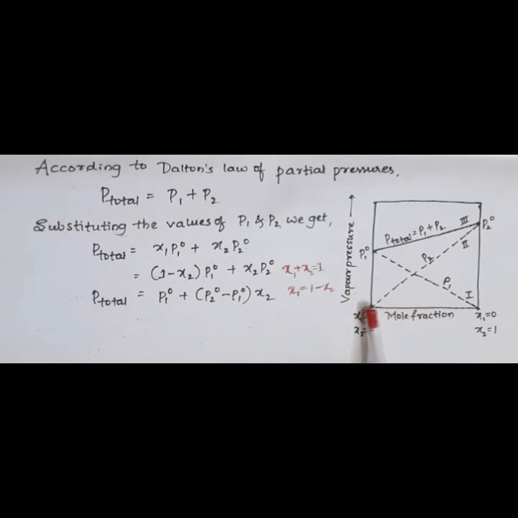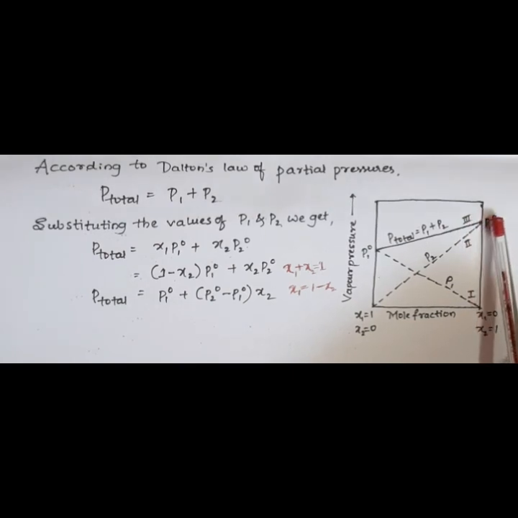When we plot the graph of vapor pressure and mole fraction, you will observe P1 naught. As we decrease the mole fraction of component 1 and increase the mole fraction of component 2, the vapor pressure of P1 will go on decreasing and the vapor pressure of P2 will go on increasing.